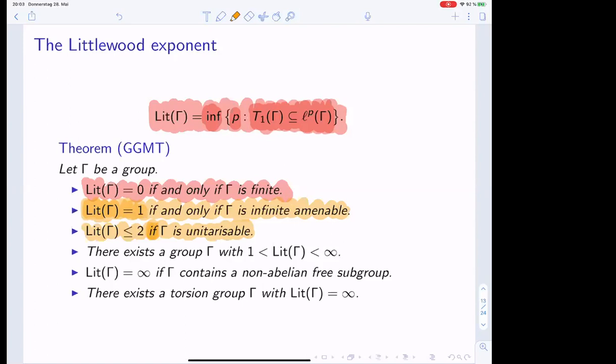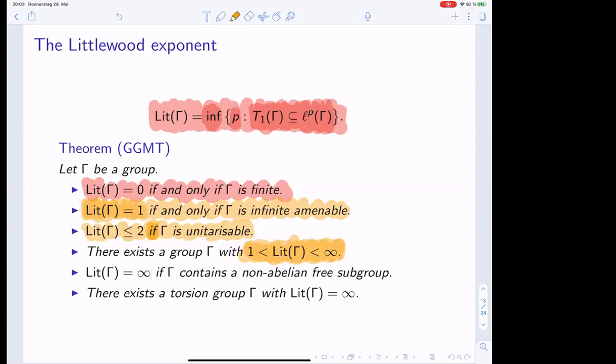maybe the most surprising new result that we have found is that there is actually a group which has a Littlewood exponent which is in between infinity, which we will see is the case most of the time. It's certainly the case if it contains a non-abelian free subgroup.